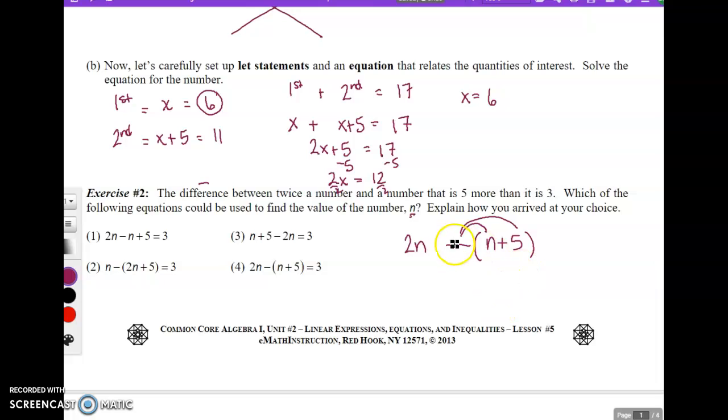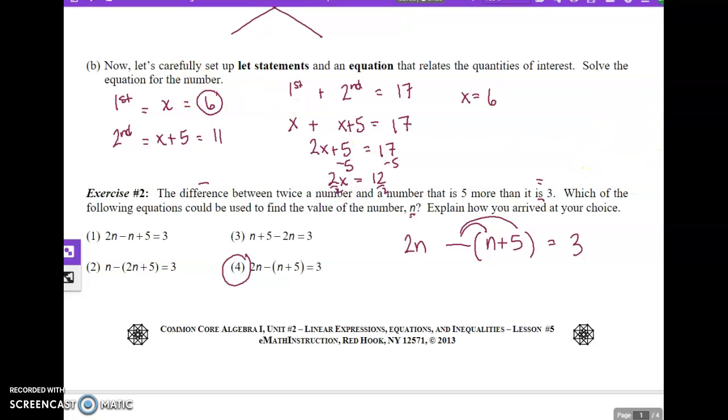Otherwise I'll just be subtracting the n. And then that's going to equal, because is means equals, 3. So 2n minus parenthesis n plus 5 equals 3. And that is number 4. Don't fall for number 1 because they forgot their parentheses here. Otherwise you're not subtracting the 5.